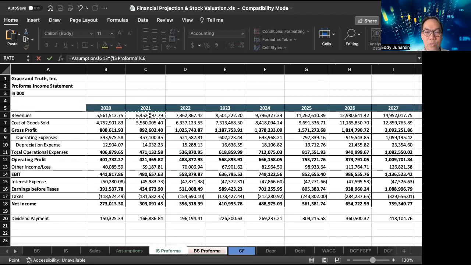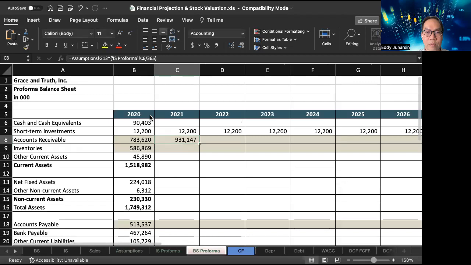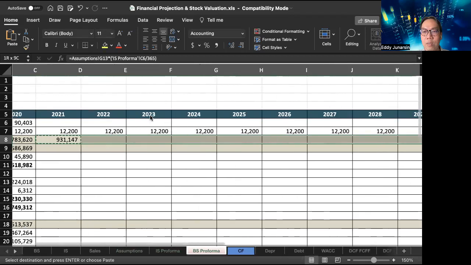So daily revenues 2021. So the projected day sales outstanding in 2021 times the daily sales in 2021. Okay.